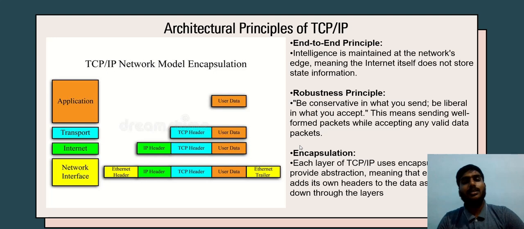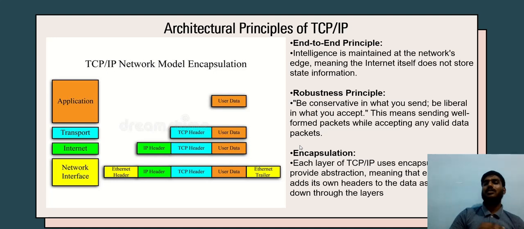So the architecture principle of TCP and IP: TCP is nothing but Transmission Control Protocol, and IP is nothing but Internet Protocol. This is an end-to-end principle, meaning intelligence is maintained at the network's edge, meaning the internet itself does not store state information.